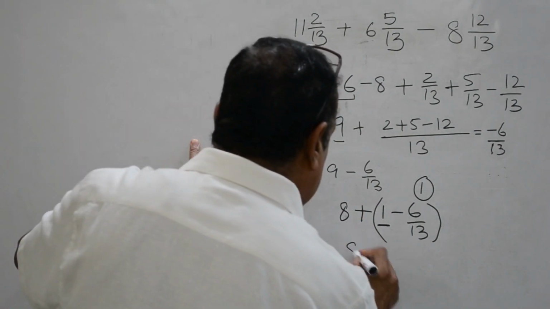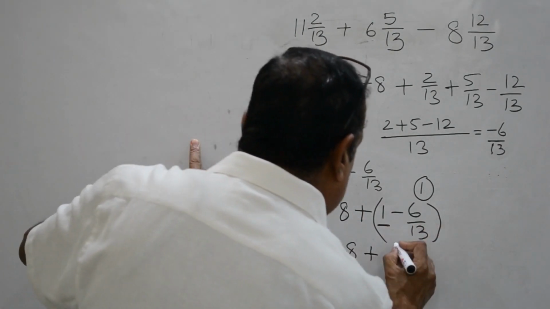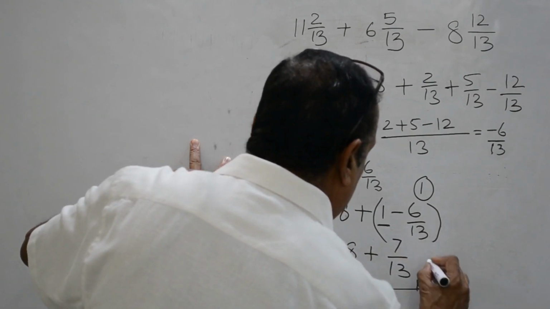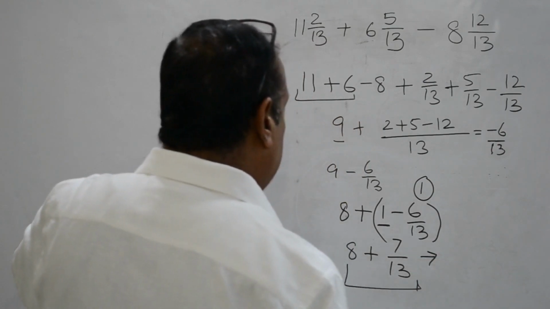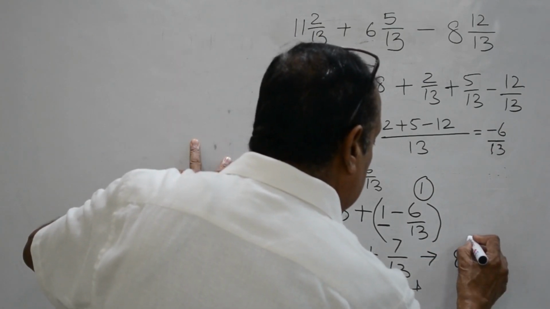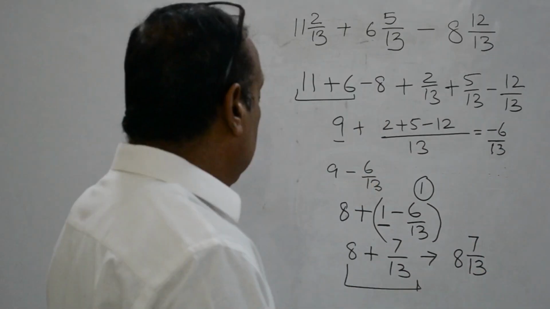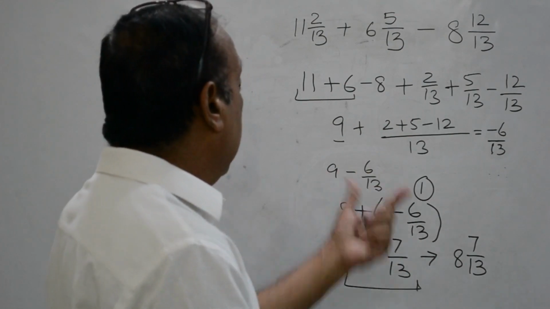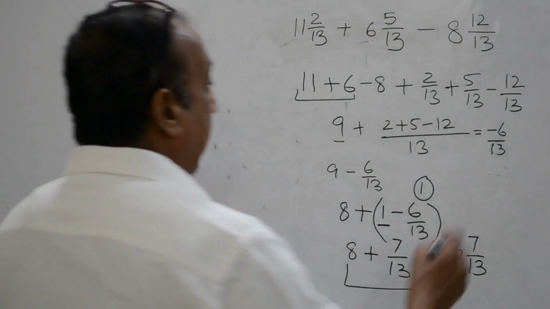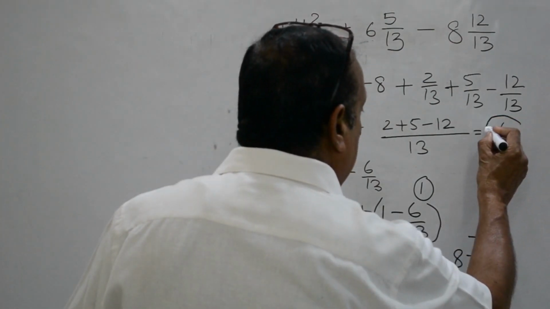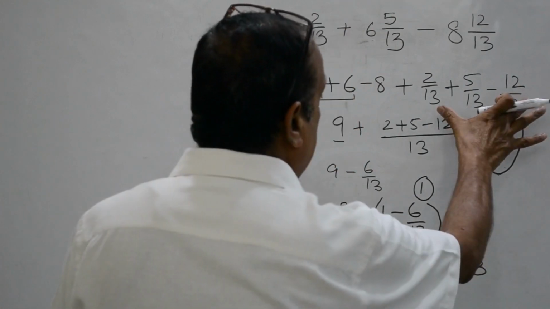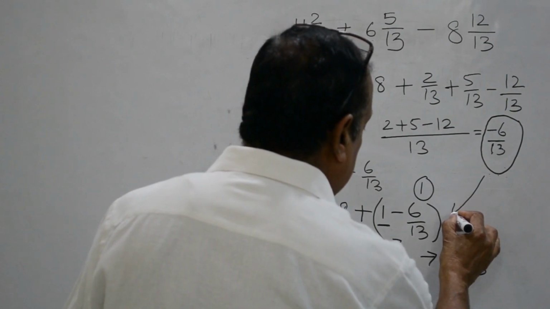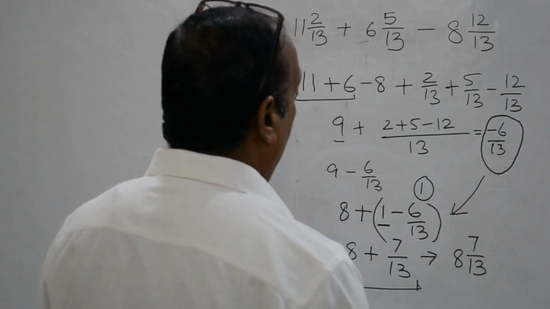So it is 8 plus, when this is solved, we get 7 upon 13. So when this is converted into a mixed number, it comes out to be 8 whole number 7 upon 13. So this certainly is the better method of solving this than the traditional method. So when we get a negative number in our fractional part, then we can solve the problems in the way I have told over here.